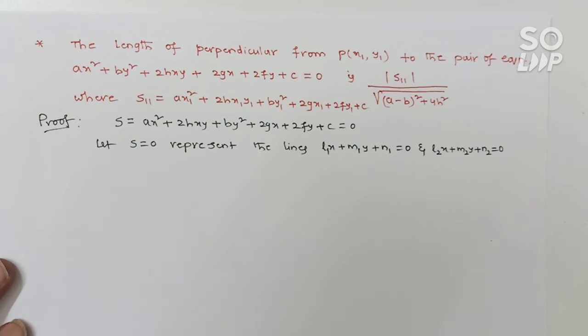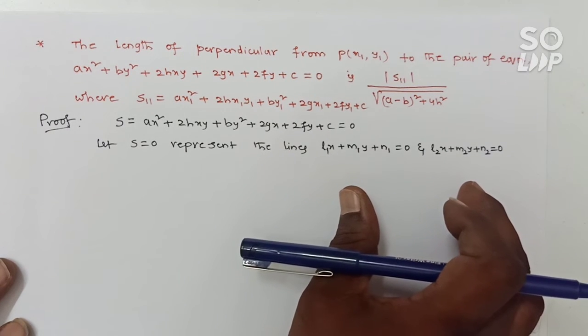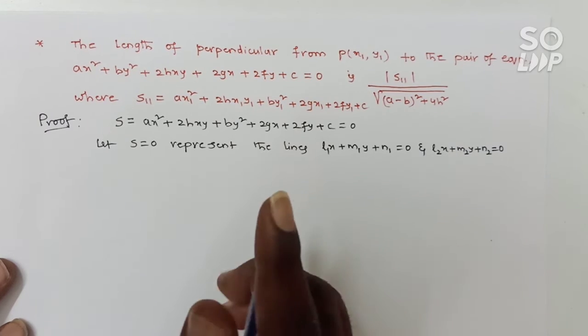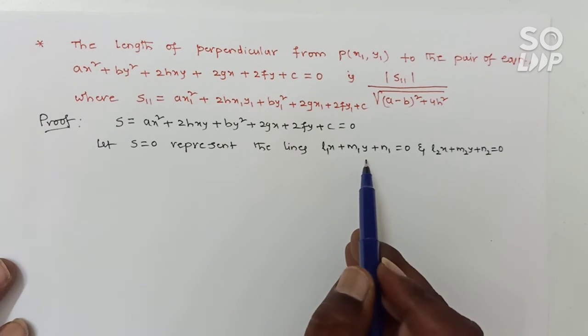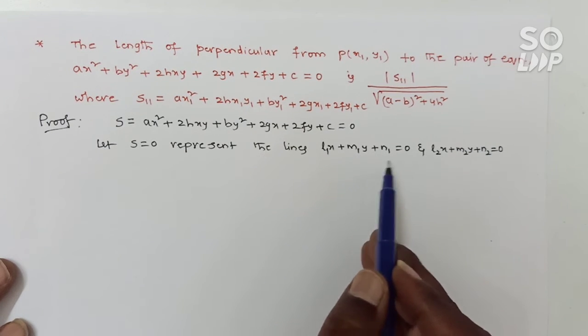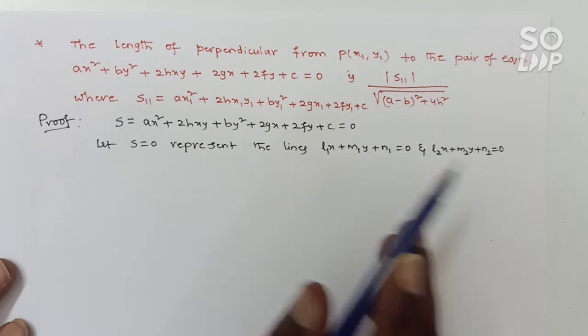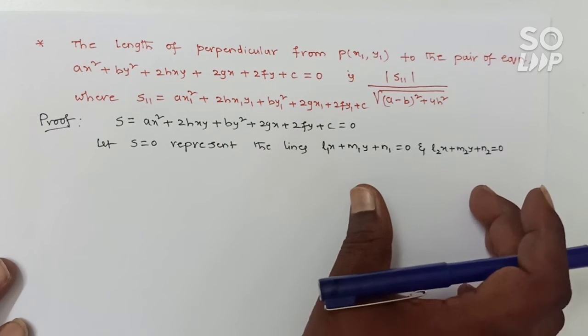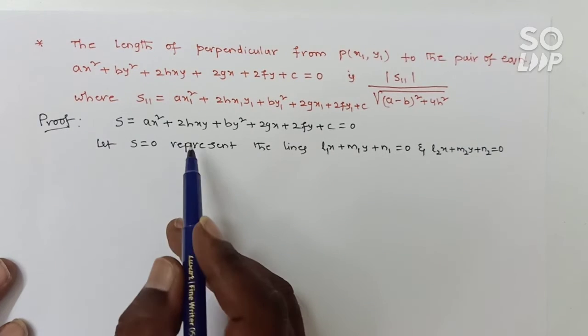So what is the meaning of this? When the given equation represents these two lines, it means these two are the factors of this equation. That means the product will be equal to this one.